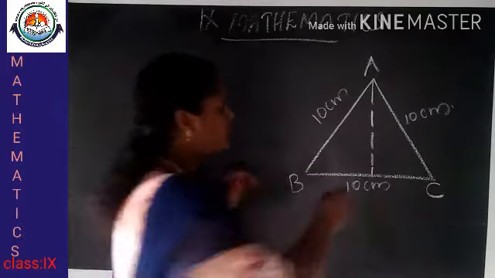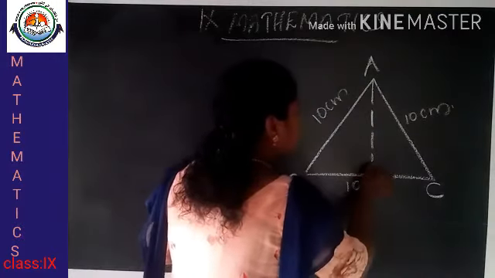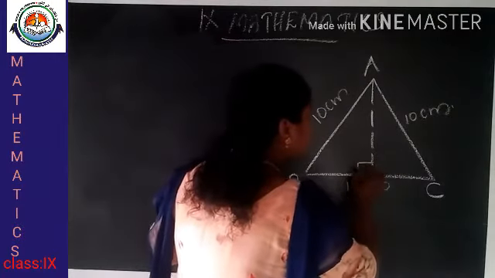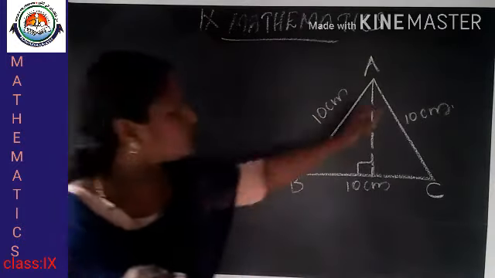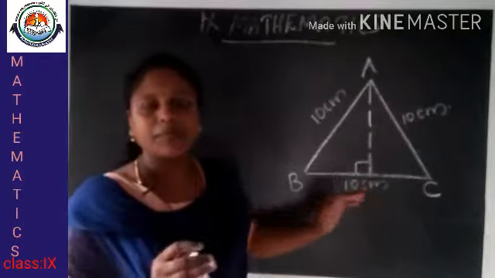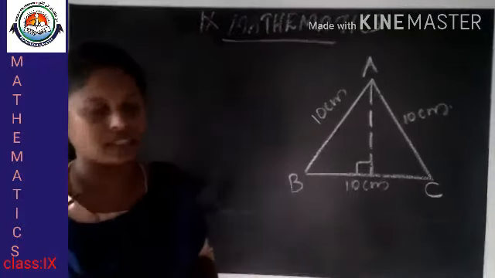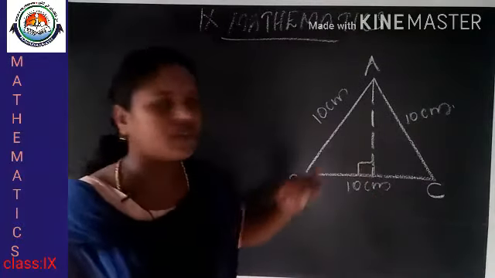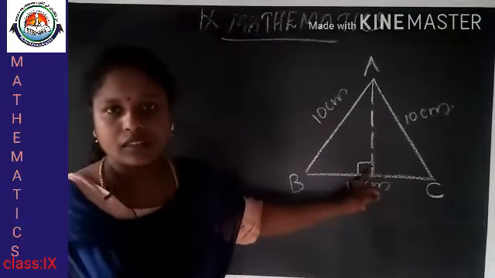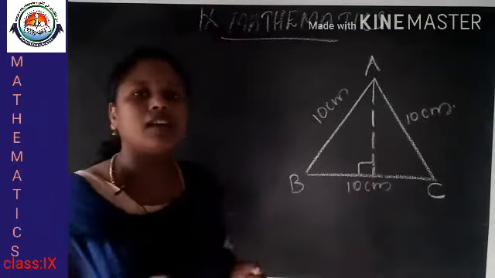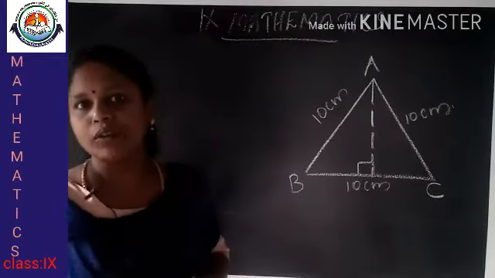This will be the median or altitude of this triangle. Its height means the perpendicular distance, therefore this angle will be 90 degree. For an equilateral triangle, median and altitude both are the same.